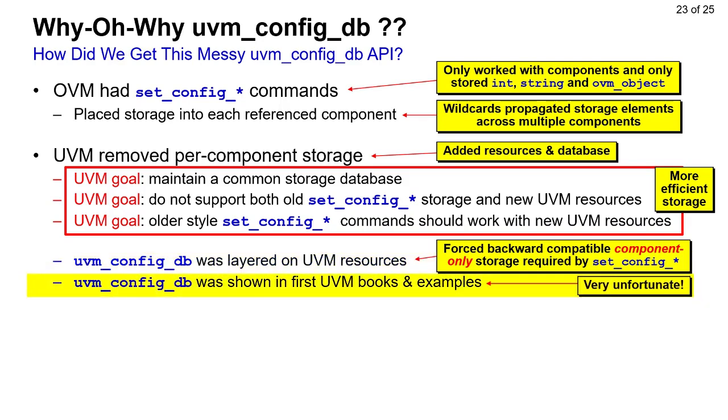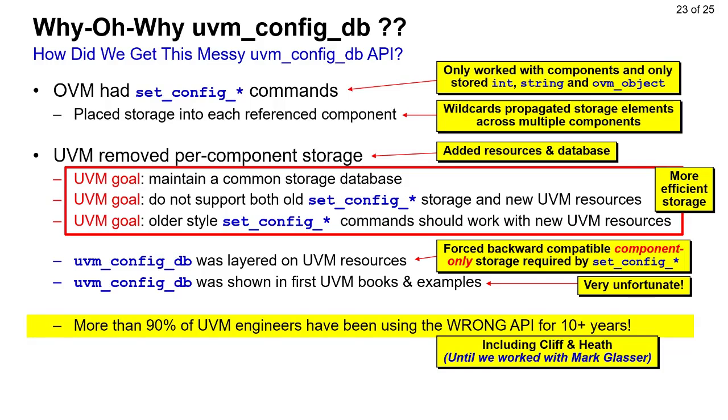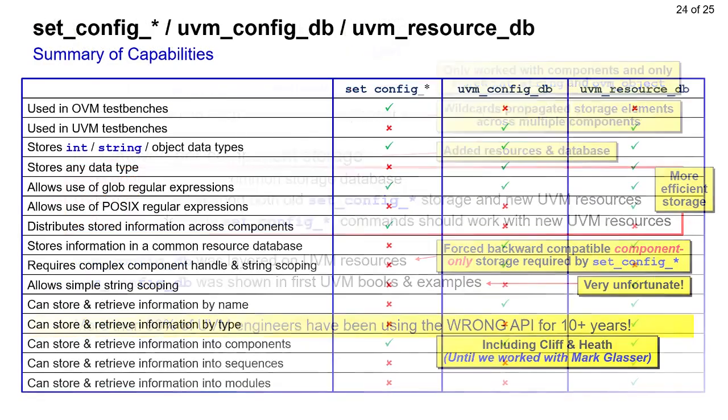Unfortunately, the first UVM books and examples all showed UVM config DB usage and steered us all in the wrong direction. More than 90% of UVM verification engineers have been using the wrong API for more than 10 years, including both Cliff and Heath, until we worked on a very large verification project with Mark Glasser.